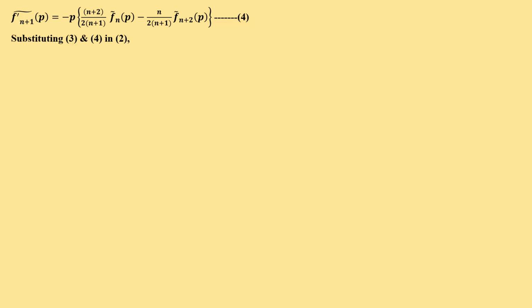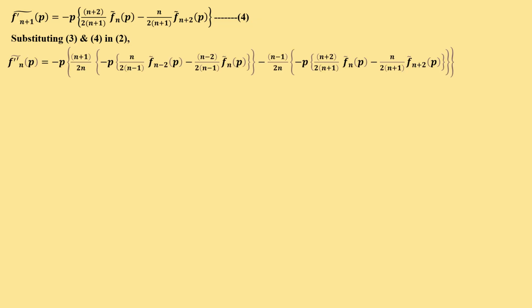So now we are going to substitute 3 and 4, the values of f_(n minus 1) dash bar of p and f_(n plus 1) dash bar of p, in equation number 2. So we will get f double dash_n bar of p is equal to minus p into (n plus 1) by 2n, times minus p n by 2(n minus 1) f_(n minus 2) bar of p minus (n minus 2) by 2(n minus 1) f_n bar of p, minus (n minus 1) by 2n.